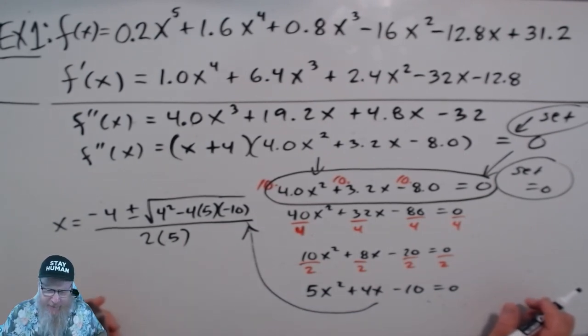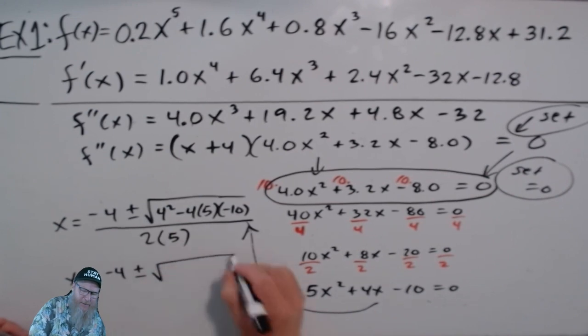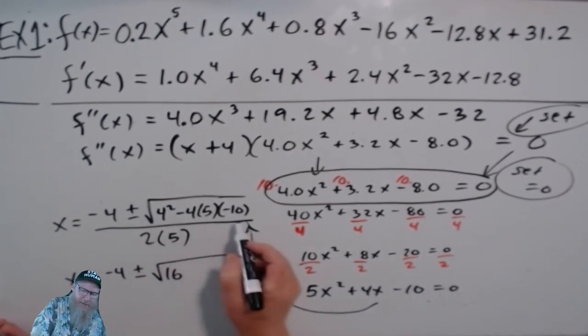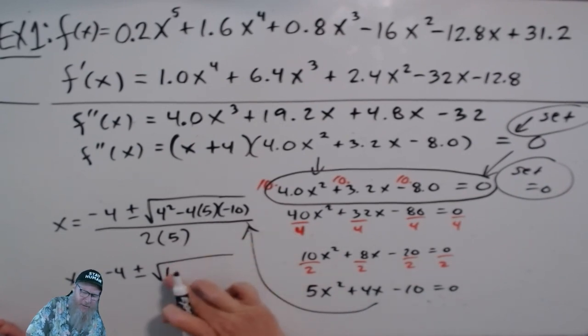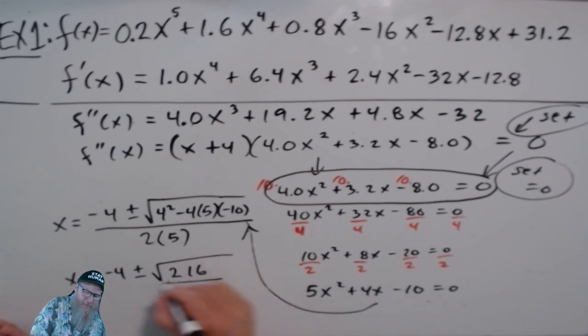All right. Let's see what happens. Negative 4 plus or minus the square root of 16 plus, what's that, 200, over 10.